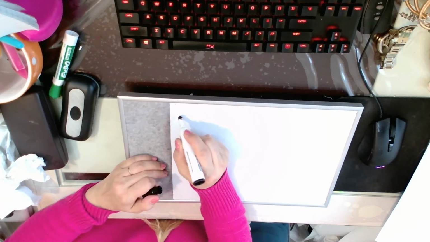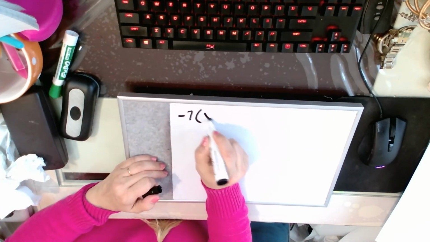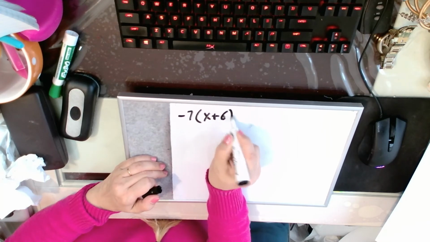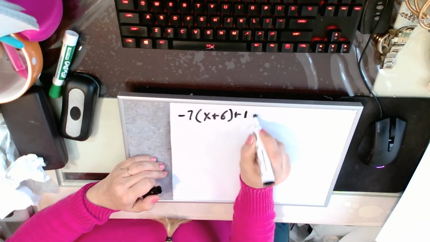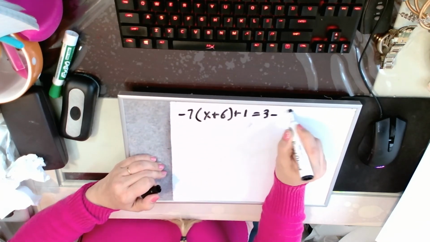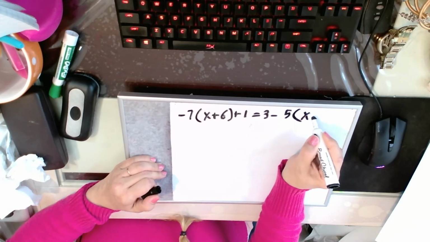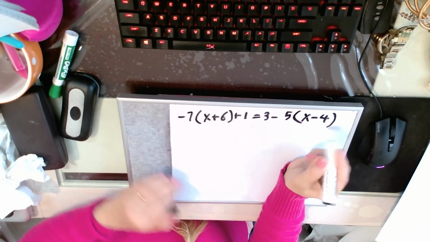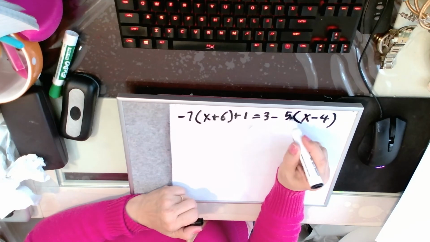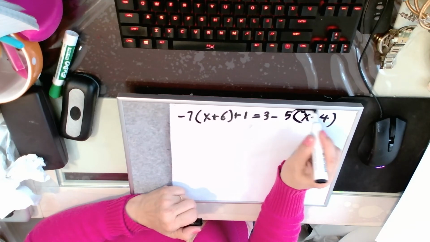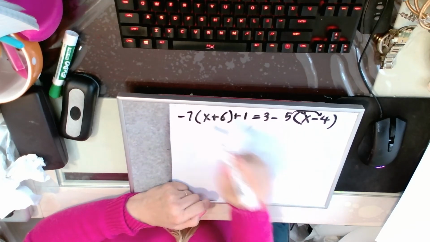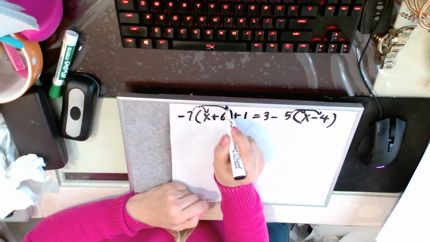Okay. So for x minus 7, x plus 6 plus 1 equals 3 minus 5x minus 4. Again, when you see multiplication here, 5, you're going to distribute 5 to both terms. 7, both terms.